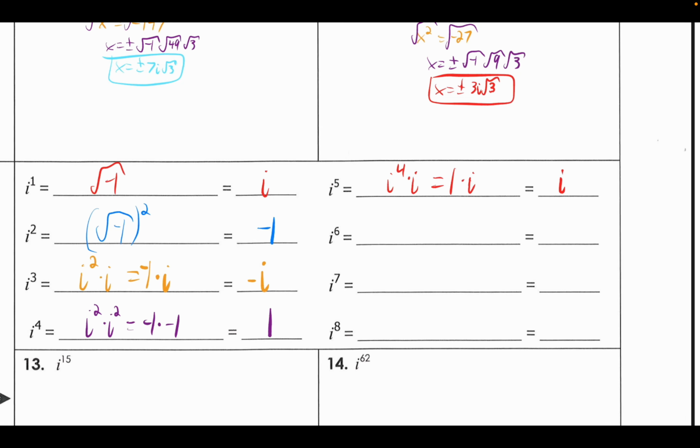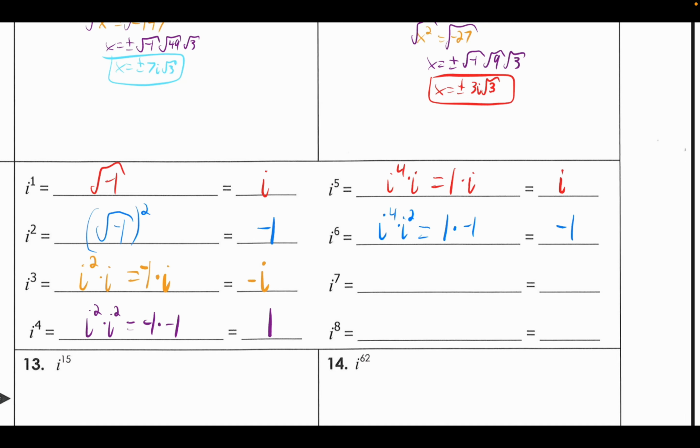And if I journey into i to the 6, I could rewrite this as i to the fourth times i squared. Once again, I could write it as other things, like i cubed times i cubed, or i to the fifth times i to the first, but I'm choosing this on purpose, and you'll see why in a moment. I to the fourth is 1, i to the second is negative 1. So 1 times negative 1 is negative 1.